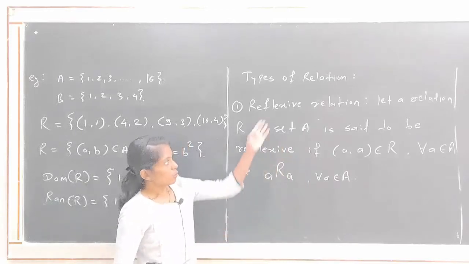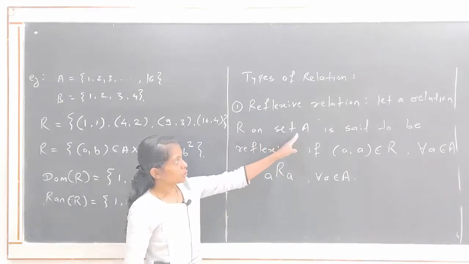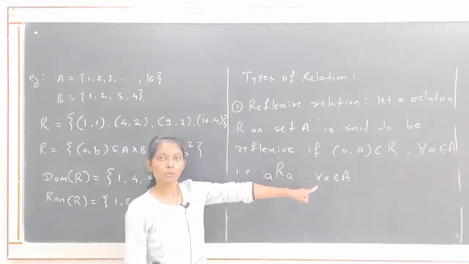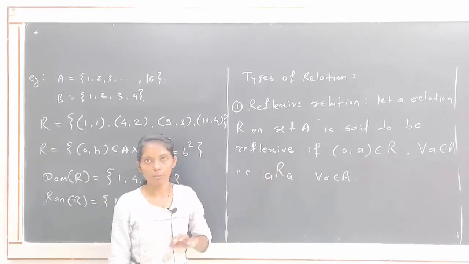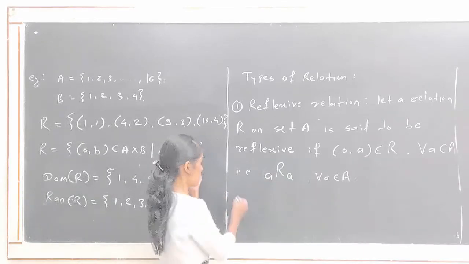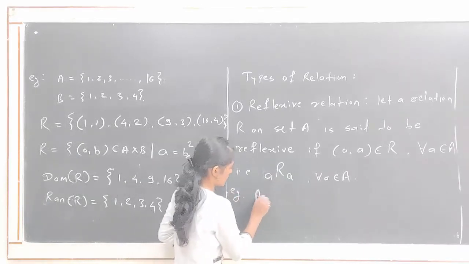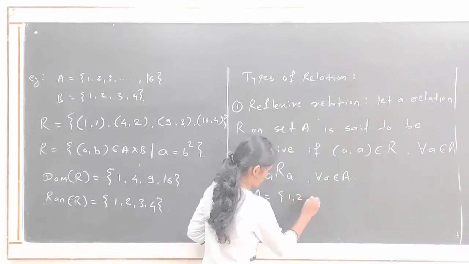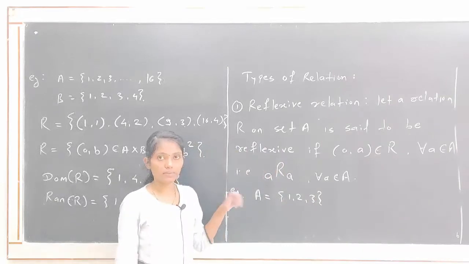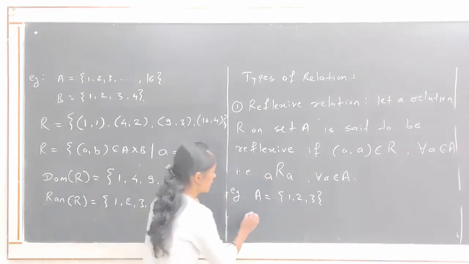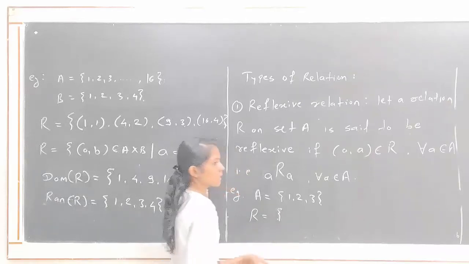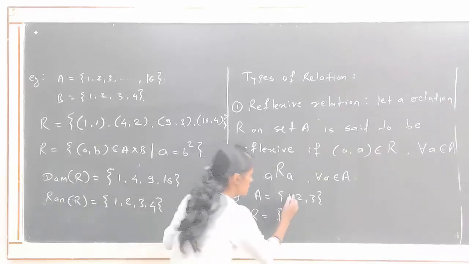Okay, so R is a relation on set A, and it is said to be reflexive if the ordered pair (A, A) belongs to R for every A belonging to set A, that is, A related to A itself. For example, if we consider the set A = {1, 2, 3}, and we want to find the reflexive relation of this set A, then R is reflexive, that is, A related to A itself.